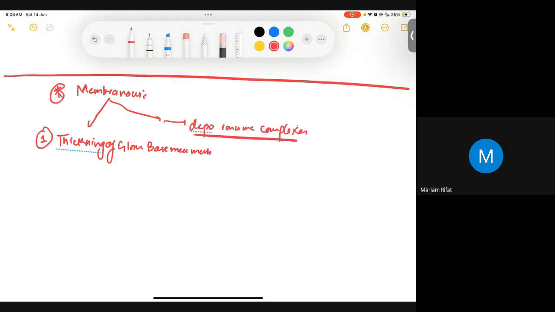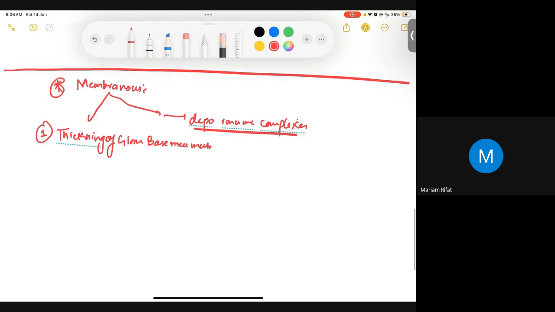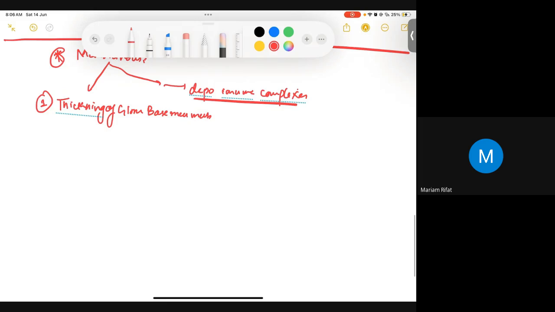Okay, so let's discuss how immune complexes lead to problems. That should arise in your mind. Can anyone tell me what an immune complex is? It's a combination of antigen and antibody.